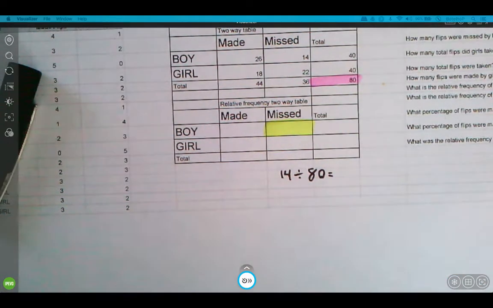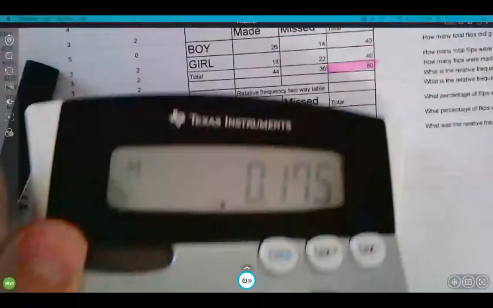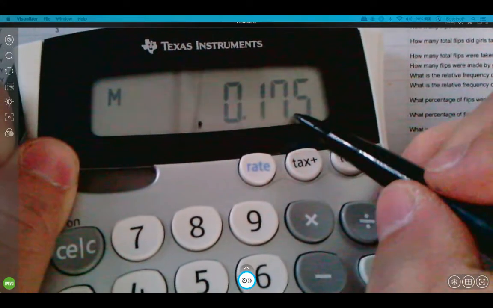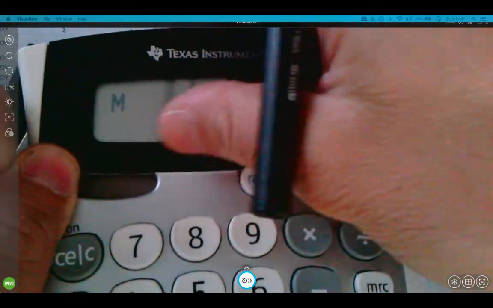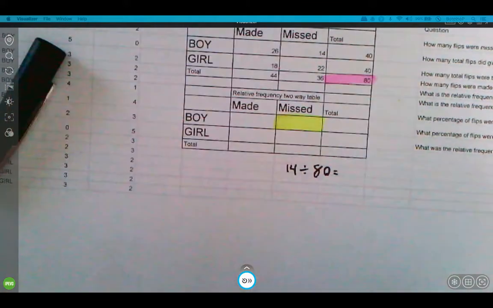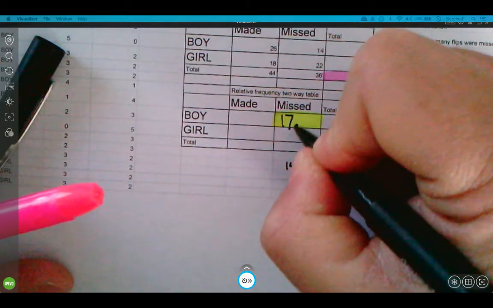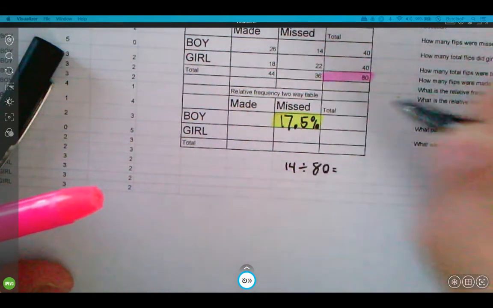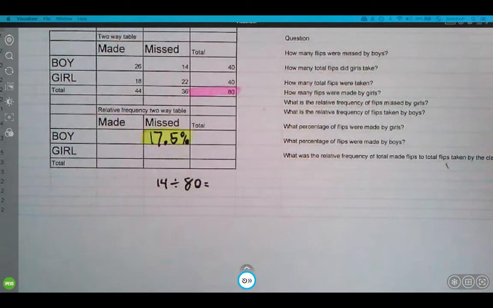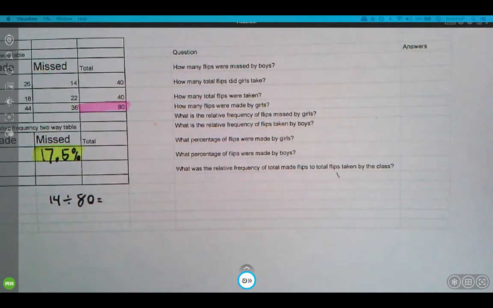So when you do 14 divided by 80, you get this number here. Then you move the decimal over. So 17.5% you would put in this cell.